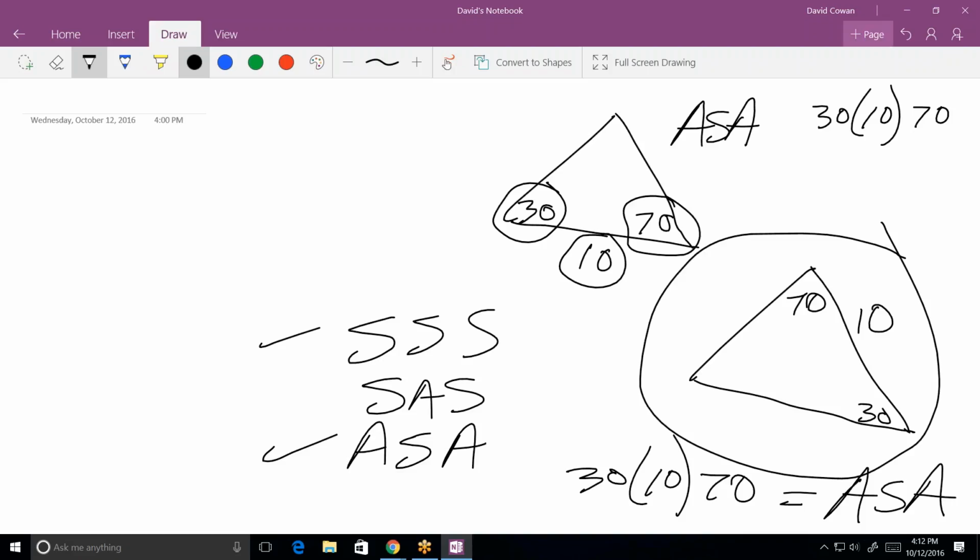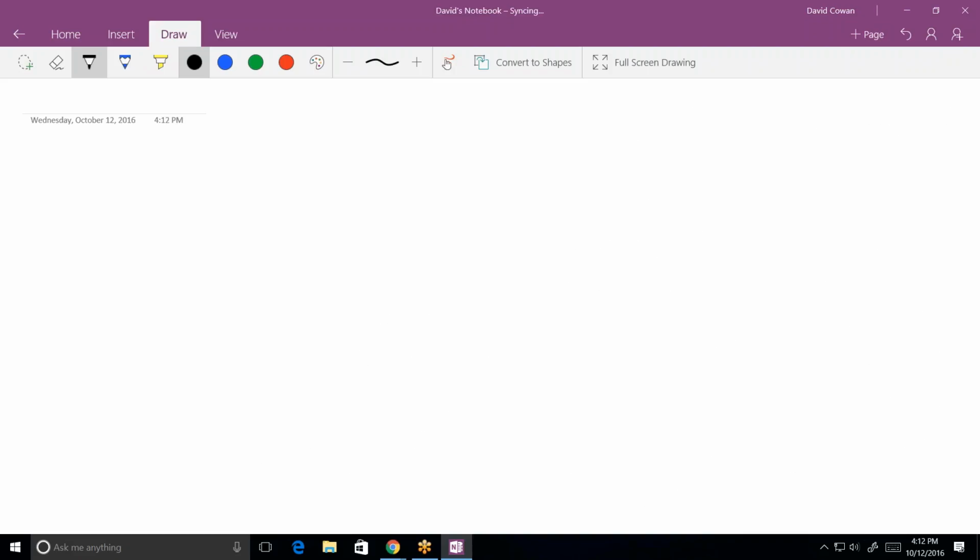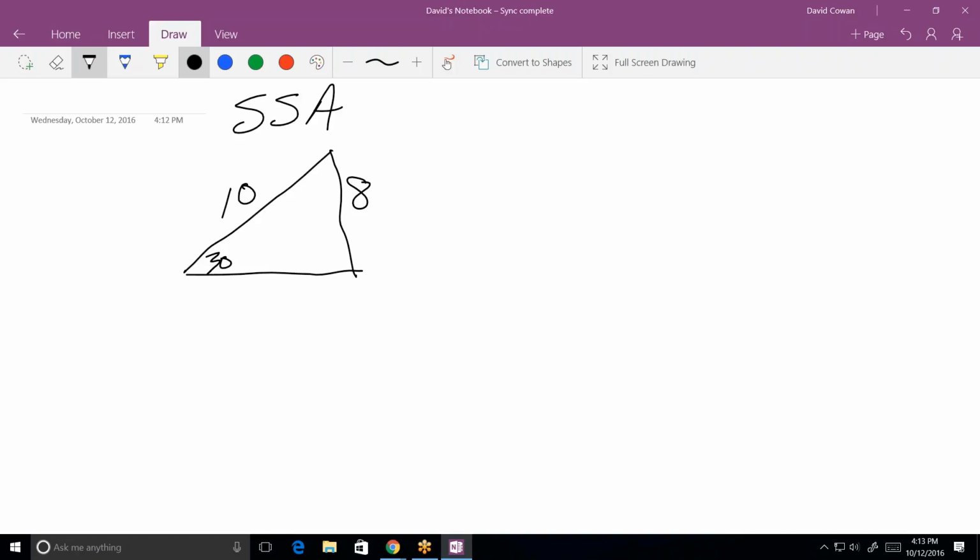You might wonder why side, side, angle does not. Well, let me draw two triangles here. Going to make that angle 30. That side 10 and that side 8. Now notice that is side, side, angle.